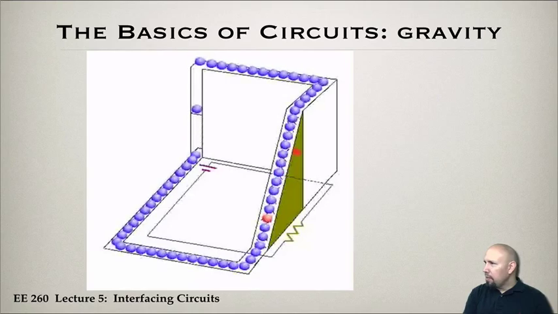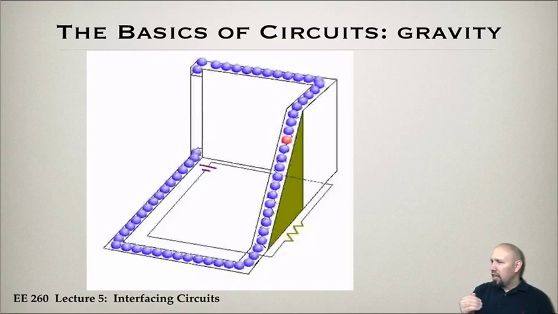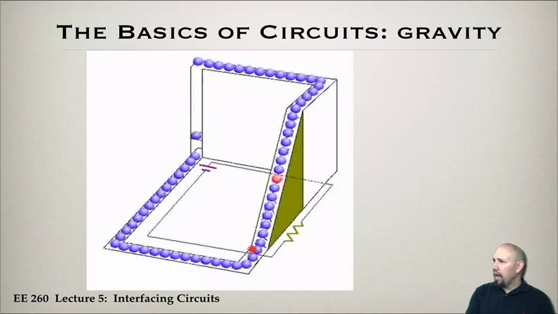So you may notice here that you've got this ramp, and this ramp that's here has bumps, ridges, that slow the motion of these electrons going down. Okay, they slow the motion. So that's what the resistance does.